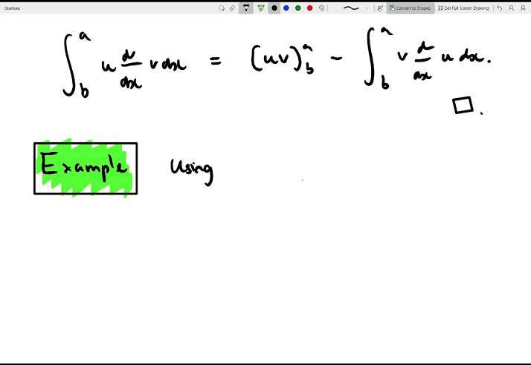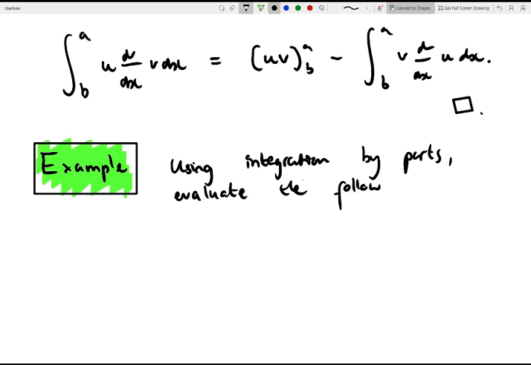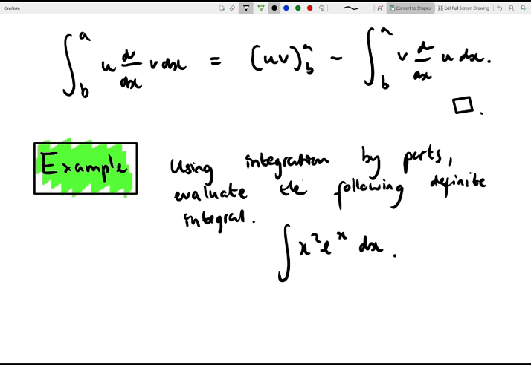So using integration by parts, evaluate the following definite integral. And that integral is the integral of x squared times e to the x with respect to x.